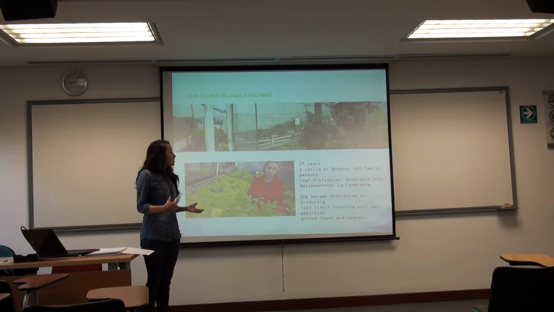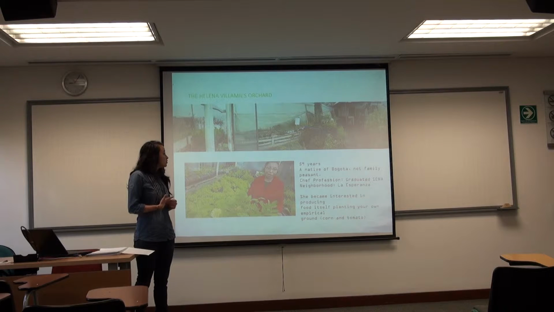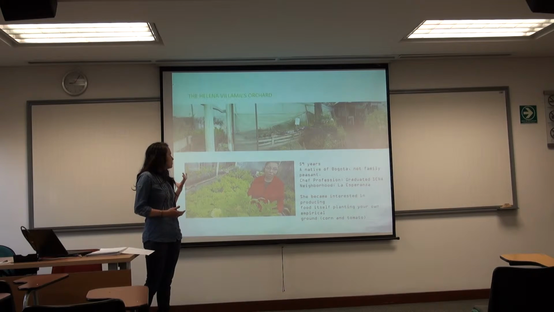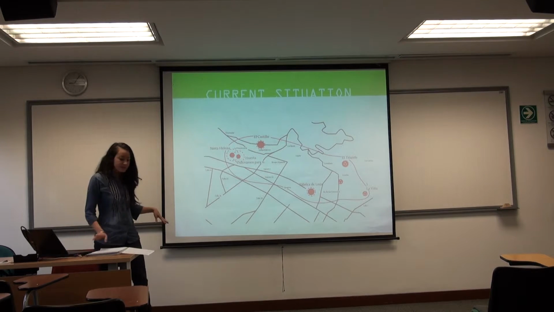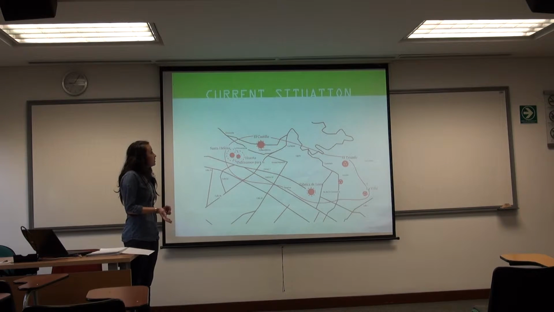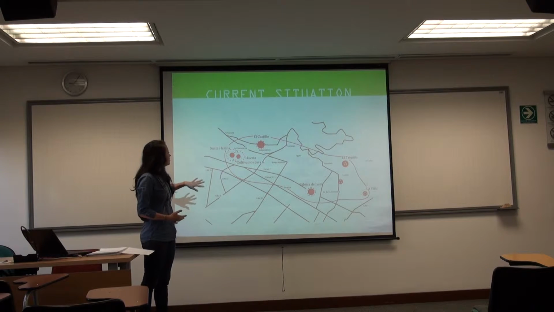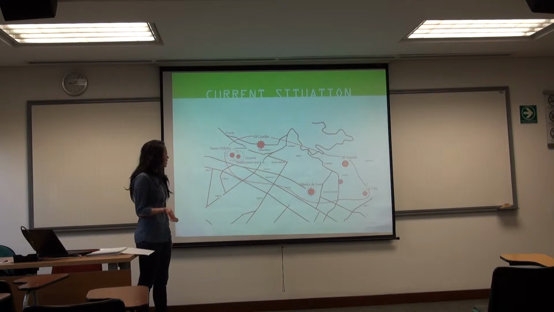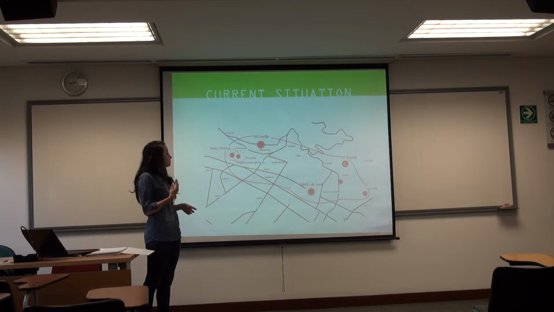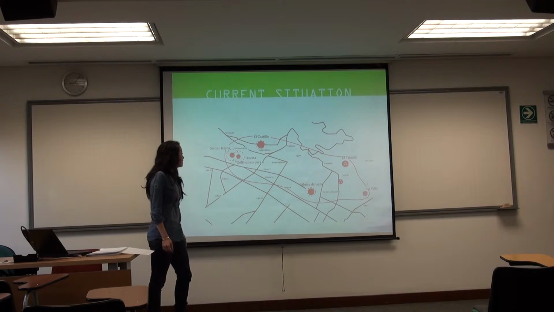So she started to research, and the SENA helped her build her orchard. So now she is part of the network that I told you about, and this is Bogota's map, where you can see some orchards that are part of these networks, the red points. To make it clearer, we are here.